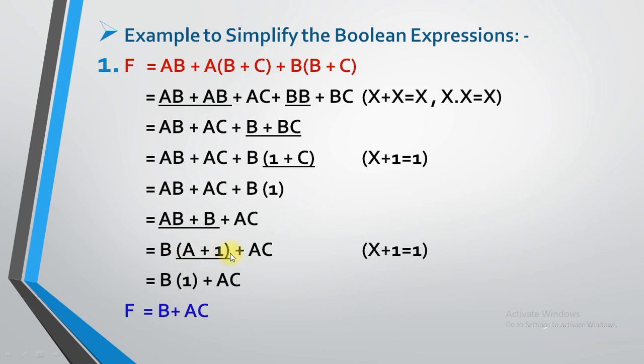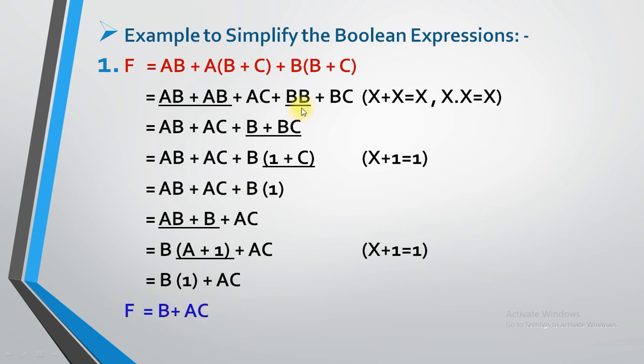Now a plus 1 is again related with the postulate x plus 1 equals 1. So instead of a plus 1, I can write 1. So b plus AC is the final answer. There is no further simplification possible for the given term.